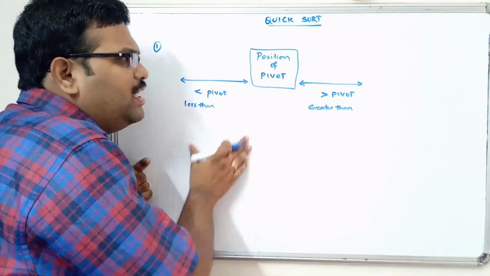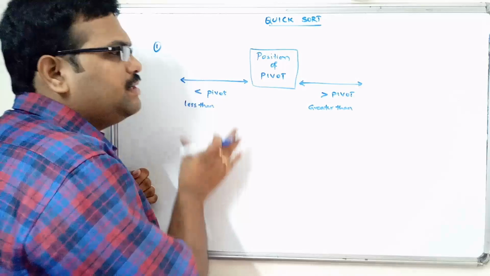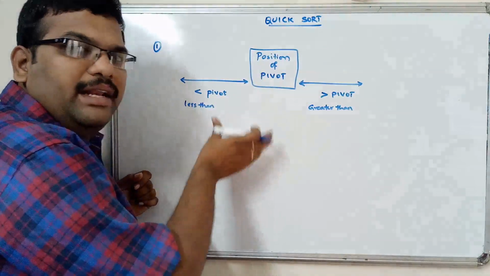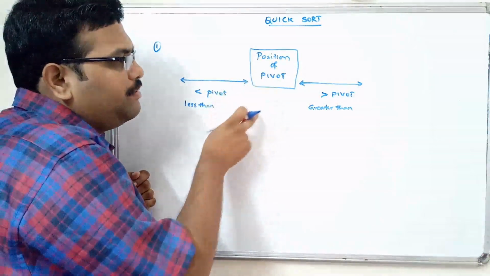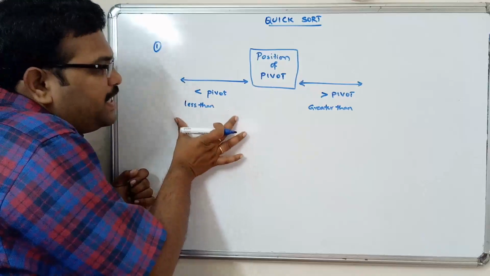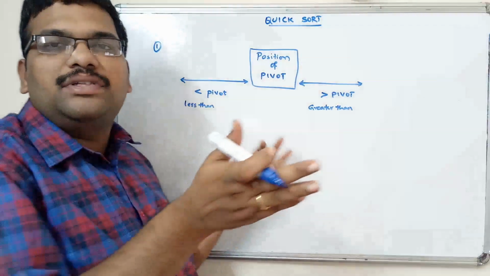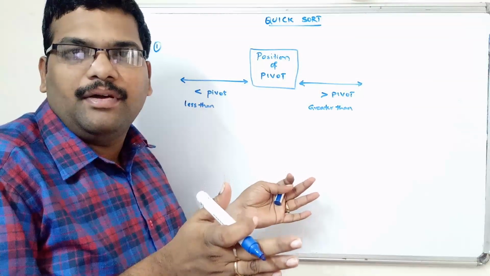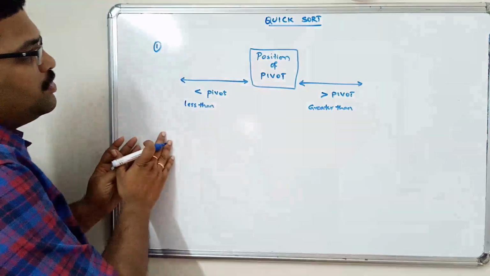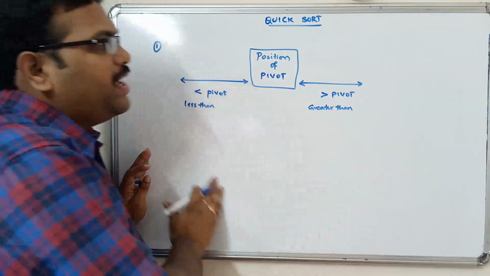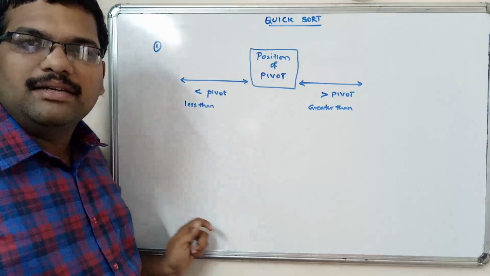Then recursively call the same procedure for each partition. Again consider a pivot, find the position of the pivot for that partition, and again divide it into two partitions. Like this we have to perform quick sort.